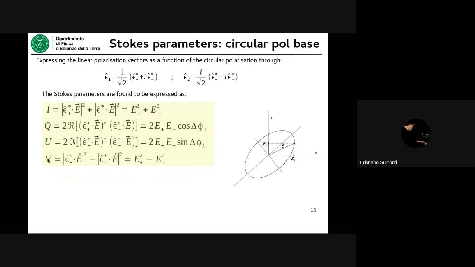The V parameter tells you, when it is non-zero, for example when V is positive, that the component on the right circular polarization is stronger than the left circular one, or the other way around. So it's a completely equivalent way of projecting and describing the properties of your monochromatic wave, where the relative phase in this case is just phi minus minus phi plus.